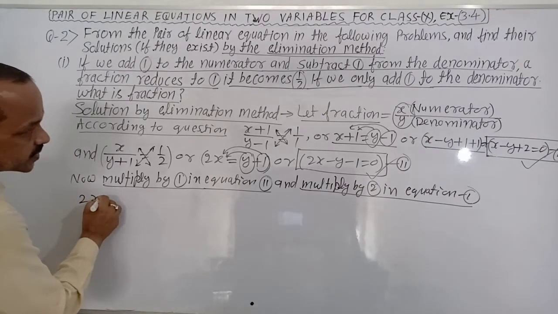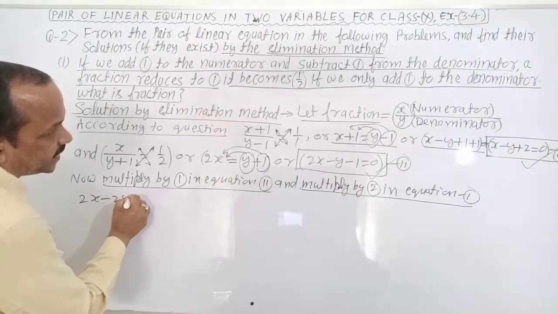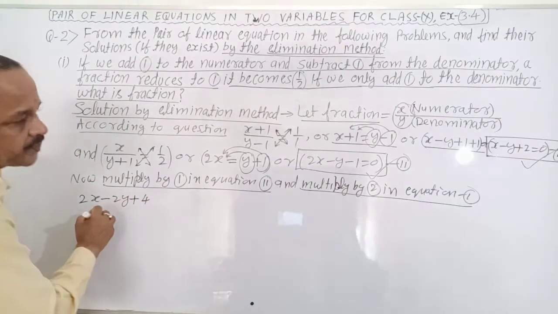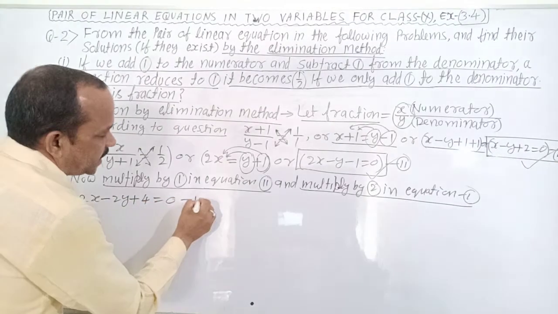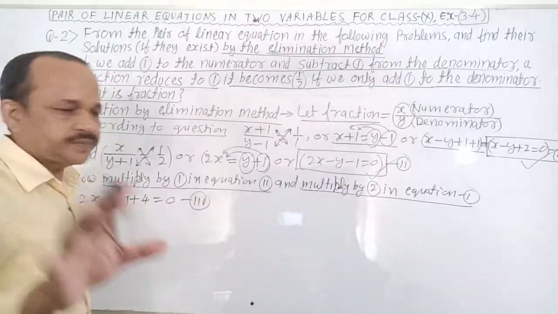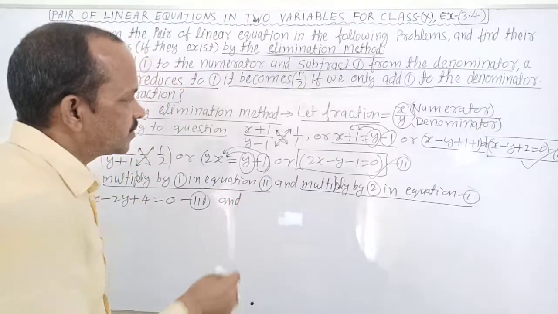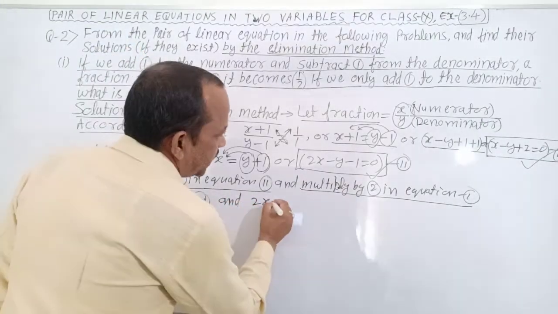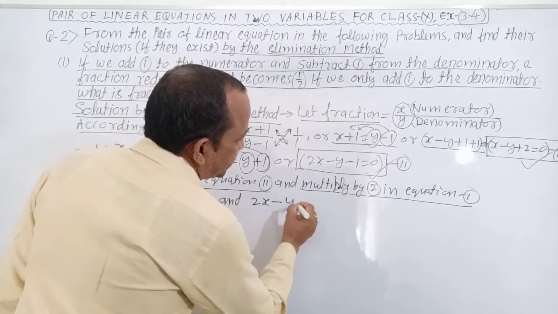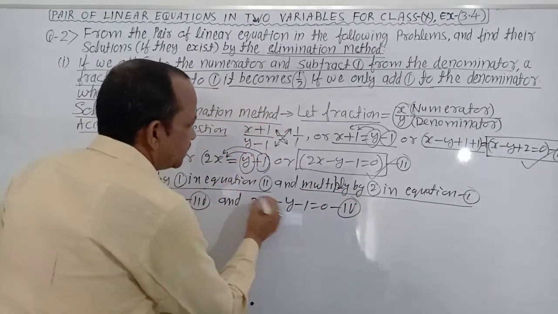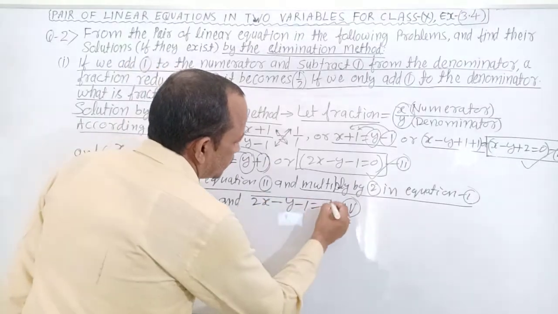2x minus 2y plus 4 equal to 0. It is equation third, and 2x minus y minus 1 equal to 0. It is equation fourth.